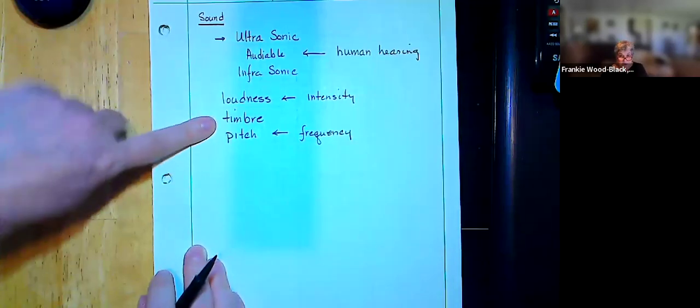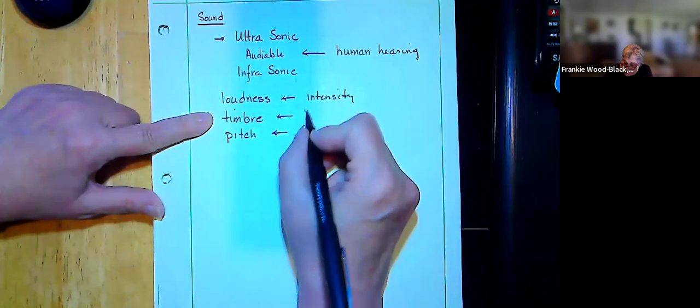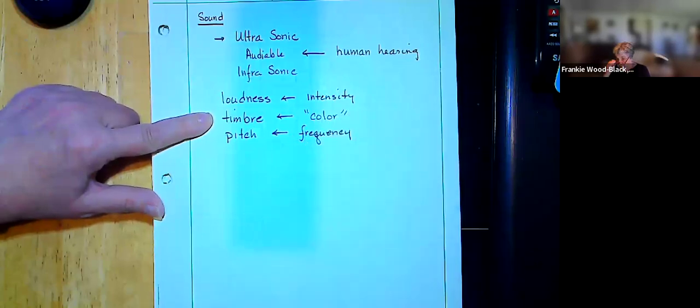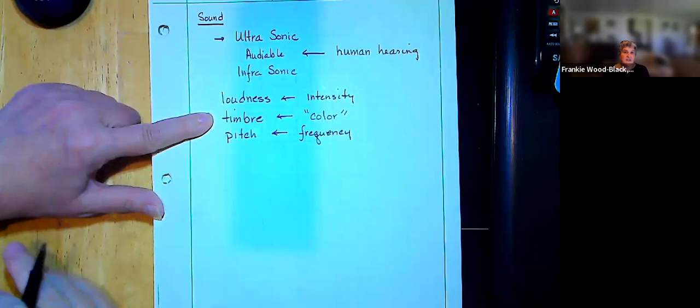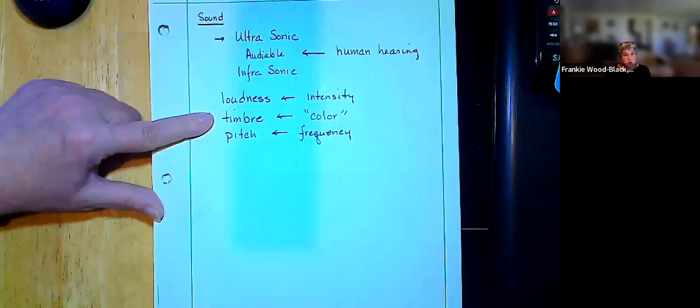Now, timbre is a little bit different. We can look at timbre and we can describe this as color. Timbre is what gives us the difference between if I have a music note A, and it's played by a violin, it's going to sound different than that same music note A played by a piano, or that same music note A played by an oboe.